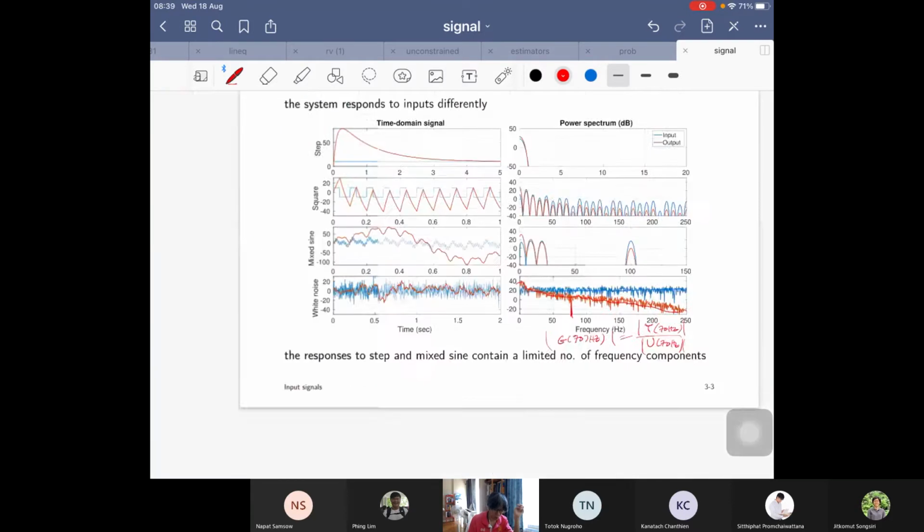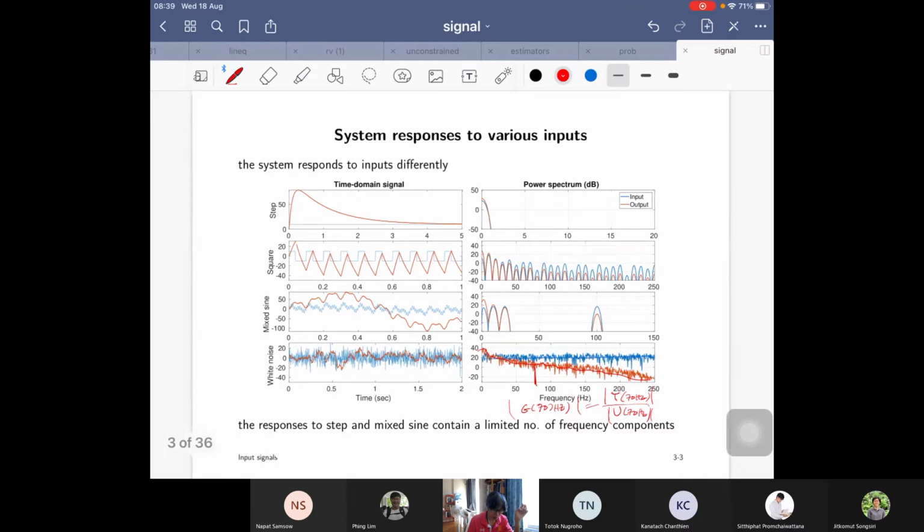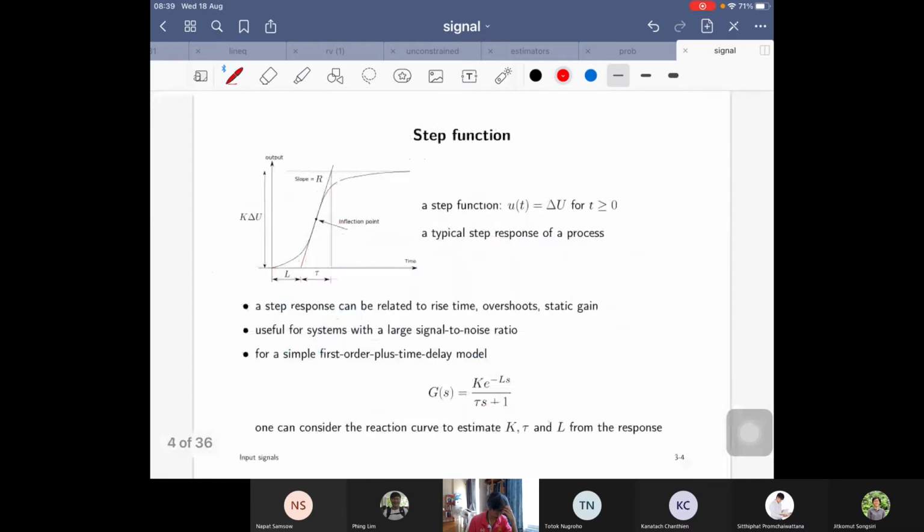So the whole point is that when you choose the input, you should make sure that the input is informative enough and it should stimulate all the significant frequency modes of the system. That's the whole point of this lecture.